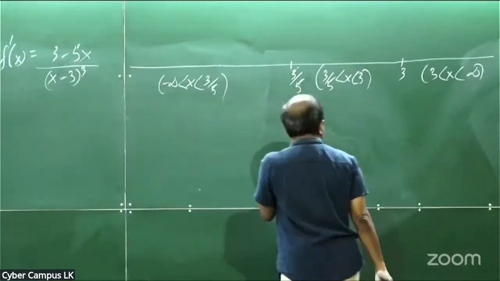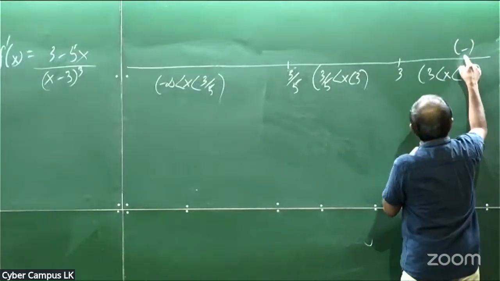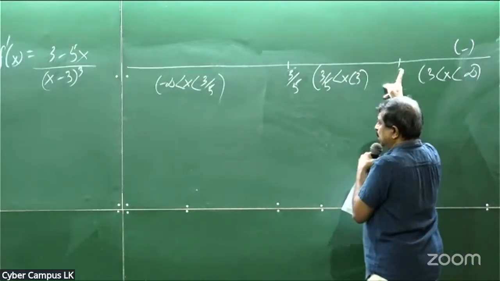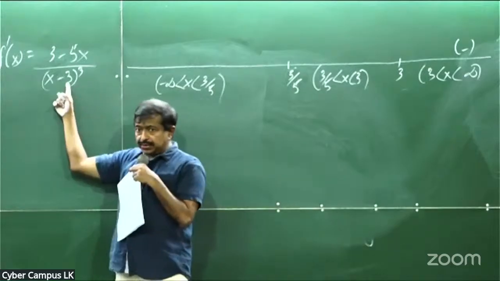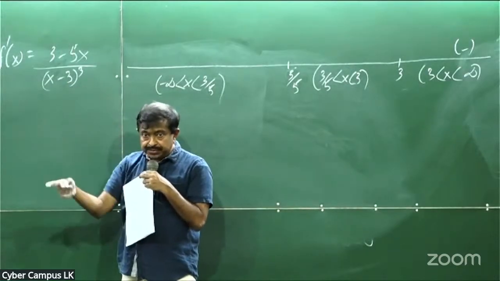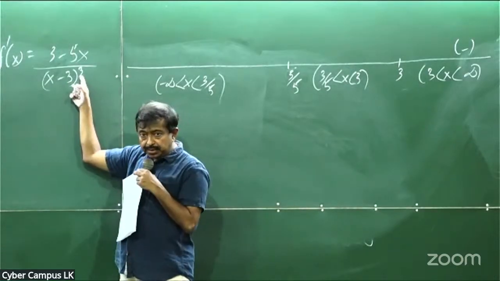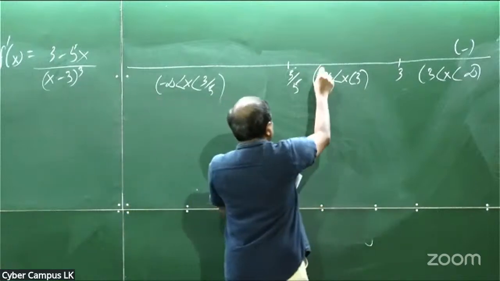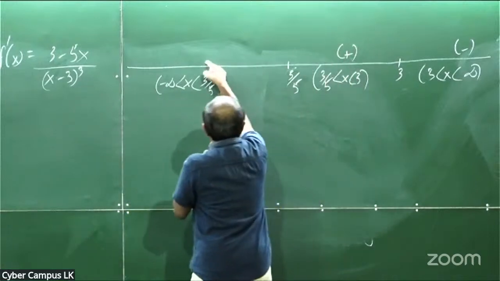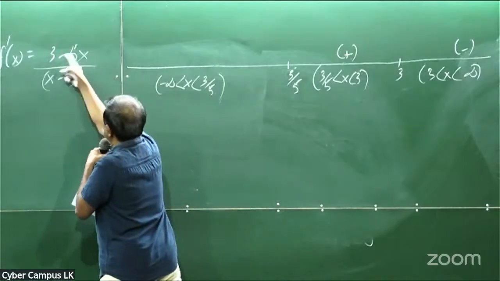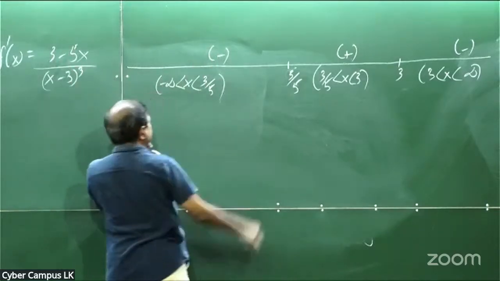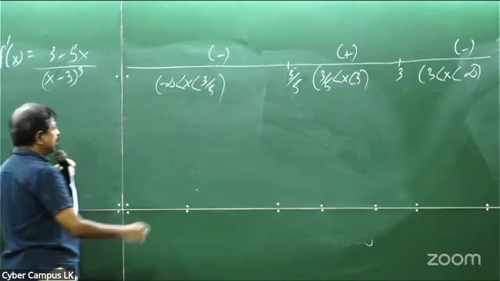Therefore, the entire thing is negative. When you cross this over, 3 is there because of this factor. It's a cube. Therefore, the sign is changed because the power is odd. This is positive. Again, when you cross this over, it is there because of this factor. Again, the sign is changed. So it is decreasing.